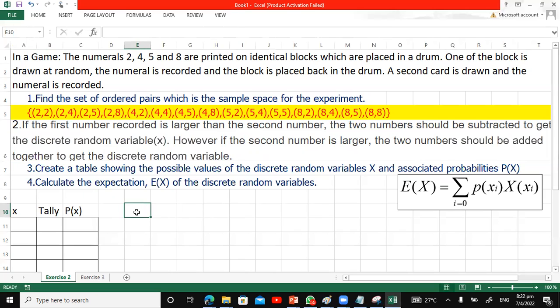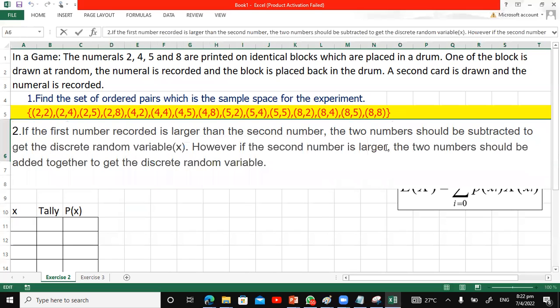So we have two conditions that we're going to use to get a discrete random variable. So if the first number recorded is larger than the second number, then the two numbers should be subtracted. However, if the second number is larger or equal to the first number, let's include that case.